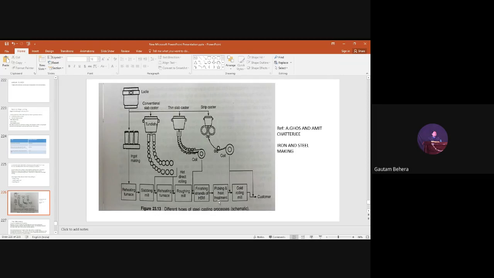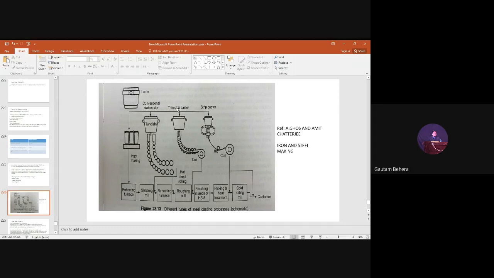It undergoes pickling and heat treatment, and finally it goes to the cold rolling mill and is sold to the customer. So you can see these are the furnaces and the rolling mills we are using. By using continuous casting to generate slabs, we are avoiding these two things: the reheating furnace here and the slabbing mill.